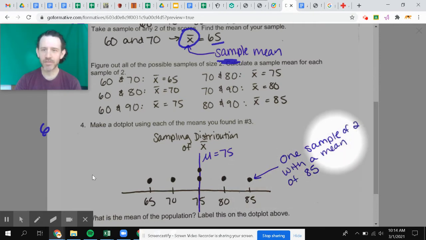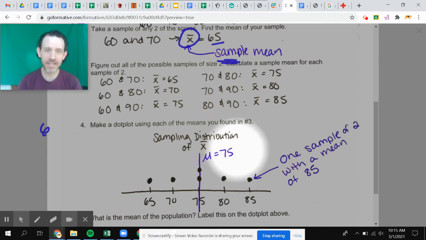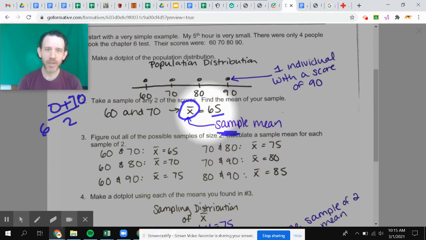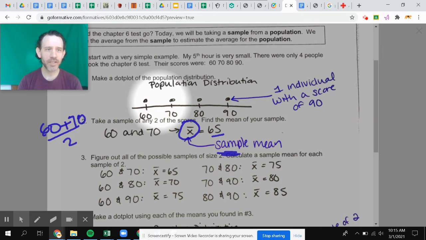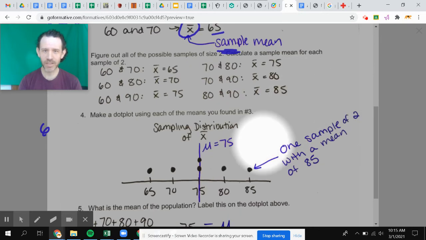It's a sample of 2 with a mean of 85. Very distinct difference, right? A sampling distribution would be the outcomes of all my samples. A population distribution would have every individual in there, right? That is an individual. And a sampling distribution would have the outcomes of my samples.